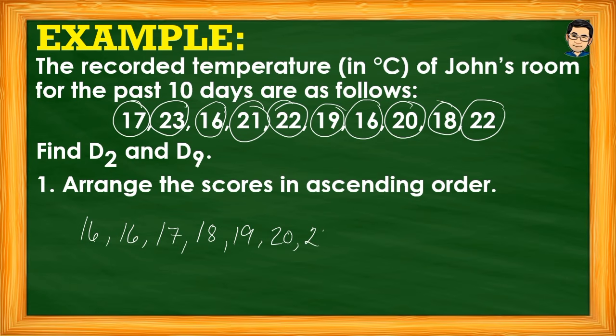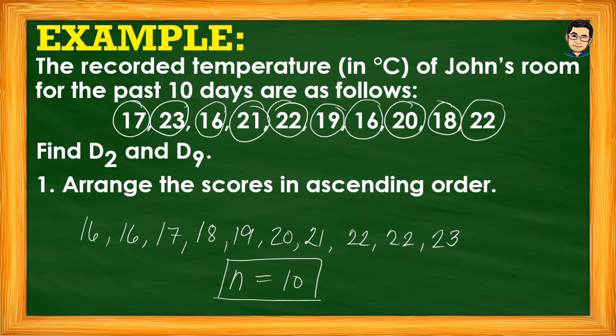The 22 appeared twice. So we have arranged the scores in ascending order. Here, n is equal to 10, because it is the past 10 days. Those are the temperatures in John's room for the past 10 days.